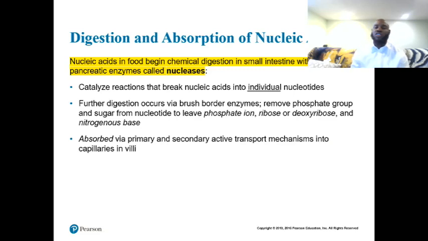Remember, that's the structure of the nucleic acid. They are absorbed via primary and secondary active transport mechanisms into your capillaries. So nucleases break down your nucleic acids into their different parts, and then they're absorbed into your bloodstream as necessary.